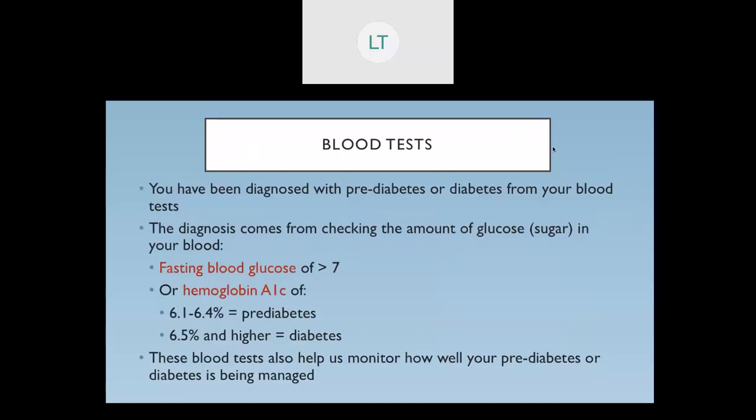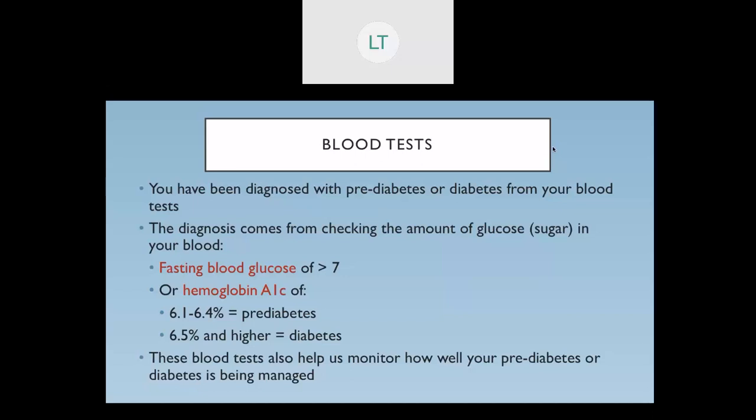So the biggest thing is that you're going to have regular blood tests done when you do have prediabetes or diabetes. We always are going to diagnose prediabetes or diabetes from your blood test. That's where we're going to get that information to be able to make that diagnosis. And it comes from checking the amount of sugar in your blood. So with your fasting blood sugar, we want it to be below 7.